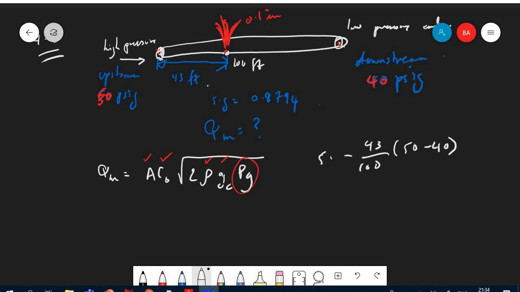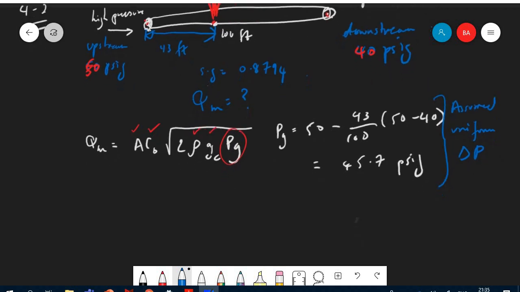Of course I add the beginning pressure, and this gives exactly the value of PG, which is equal to 45.7 psig. Of course I mentioned that I assumed a uniform pressure drop, uniform delta P.